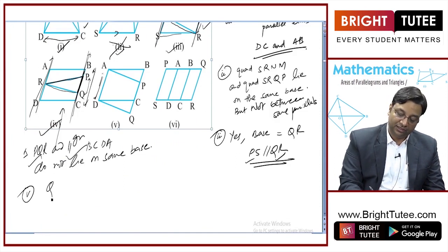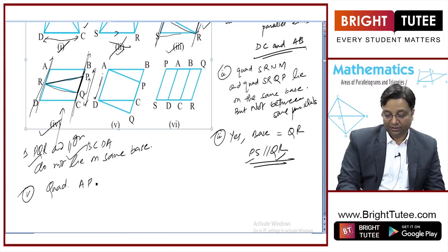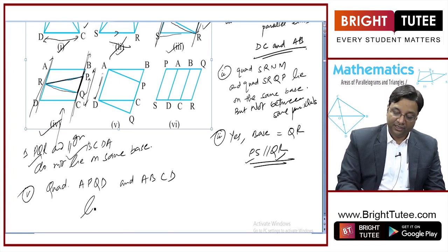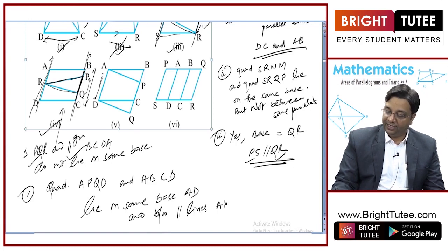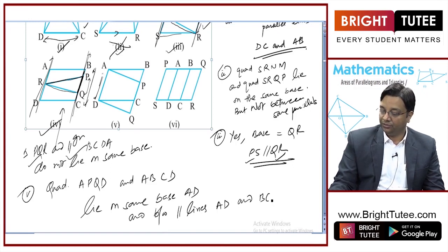for these two quadrilaterals, quadrilateral APQD and ABCD lie on same base AD and between parallel lines AD and BQ.